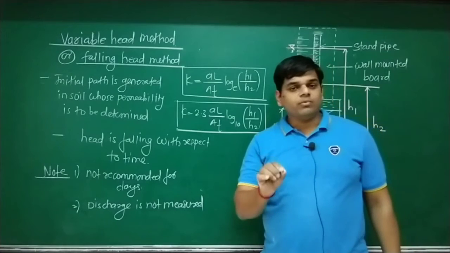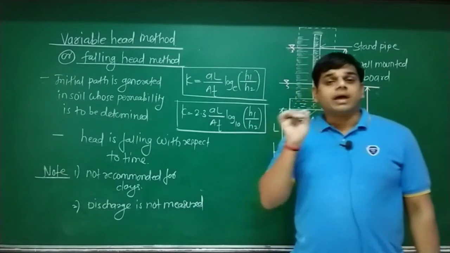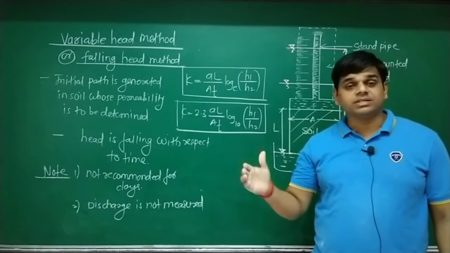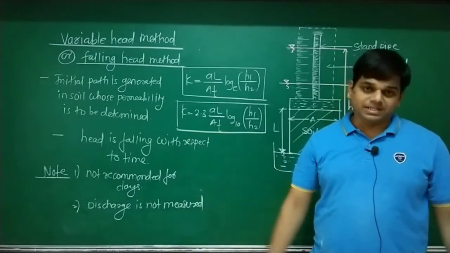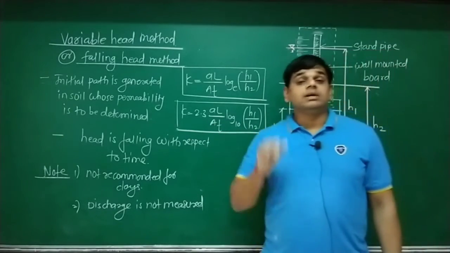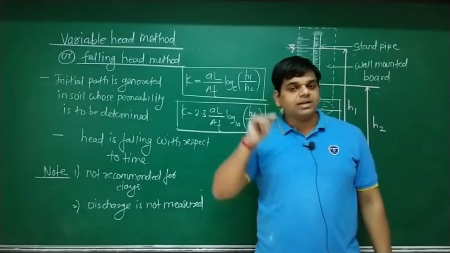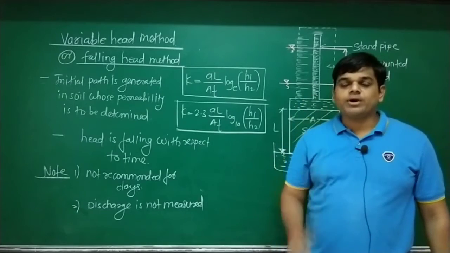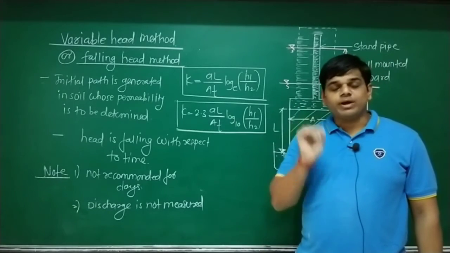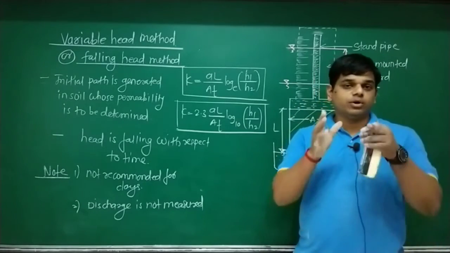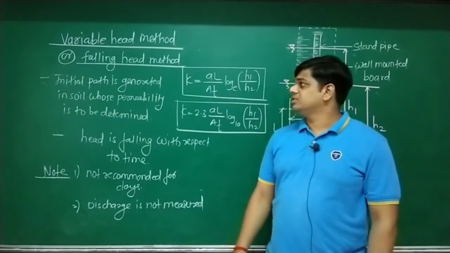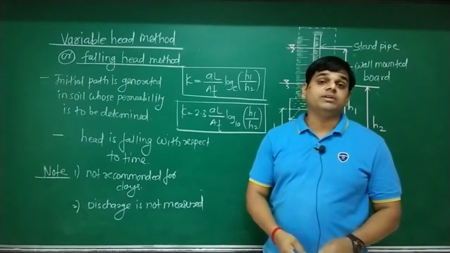Again, from the name one can easily understand that the head of water is not going to remain constant during the process of the test. In our previous method, constant head, the head remains constant; here, the head is variable. A few important points about this method, which you should mark with a different color pen in your notes. The first point is that an initial path is generated in the soil whose permeability is to be determined.